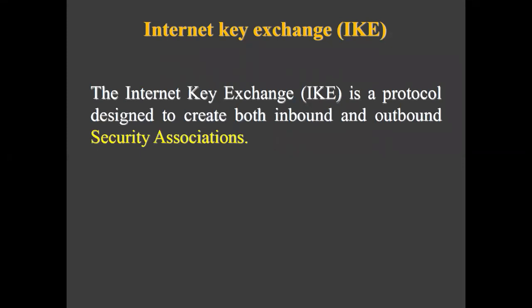If there is, the policy will be applied and the packet sent. But if there is no security association present in the security association database, then IKE is called to establish it. IKE, the Internet Key Exchange Protocol, is used to create both the inbound and the outbound security association for that particular traffic.